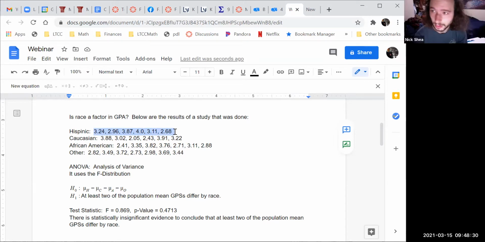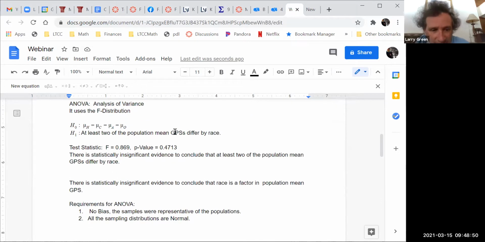Greater than 30. Greater than 30. Is it true in this one? No. No, definitely not. Which means that you need to make sure that it's true, but are GPAs normal? No. So again, this is an example of never do ANOVA on this because of all the bad assumptions. Does that make sense? So let me put a note.